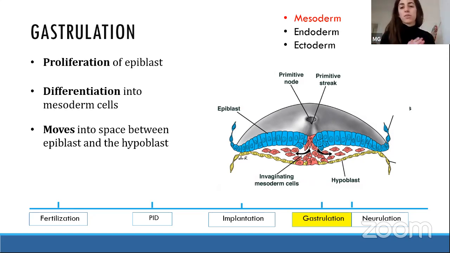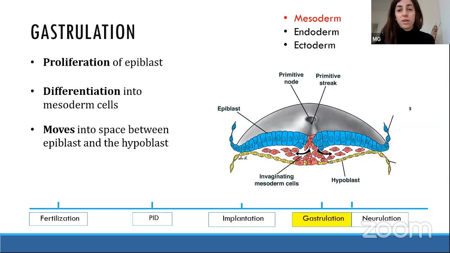And they proliferate, which means they divide, and they differentiate into mesoderm cells. And they move into the space between the epiblast and the hypoblast, okay? They go down the primitive streak. Remember the 3D structure? They move down the primitive streak, moving between the two layers as they go.